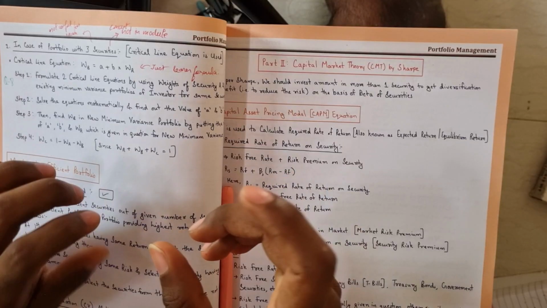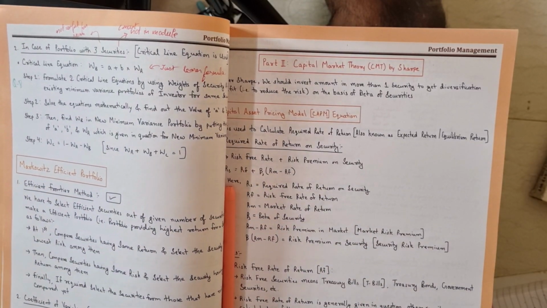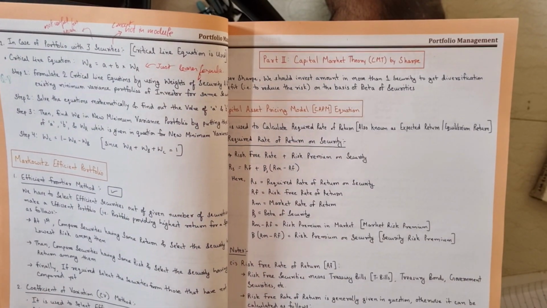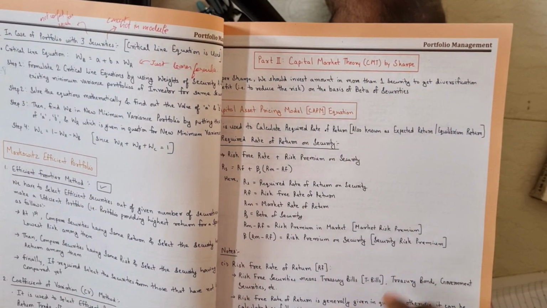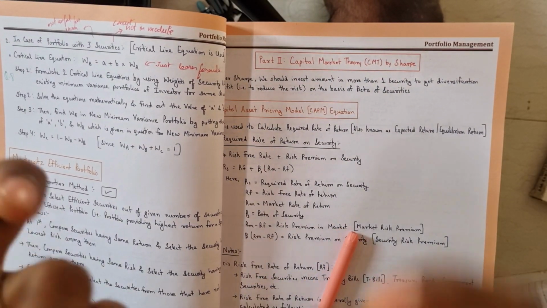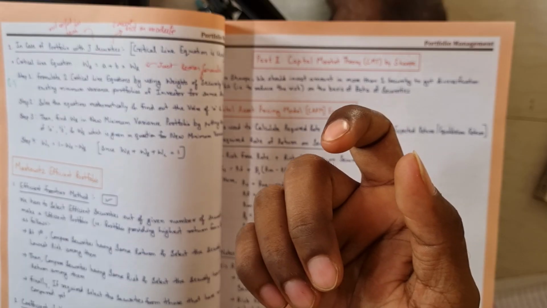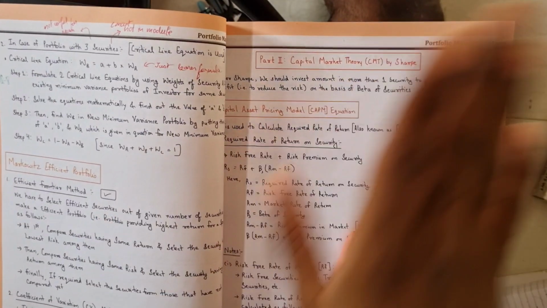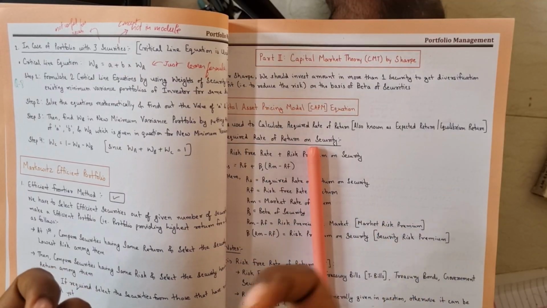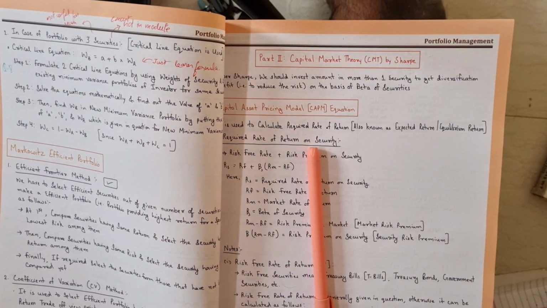We'll see same risk and we'll see high return among them, and then finally if required select the securities from those that have not been compared yet, okay. So first what we need to do, same return, okay, and we'll take lowest risk, okay. High return will be selected only and same return and lowest risk we'll select.